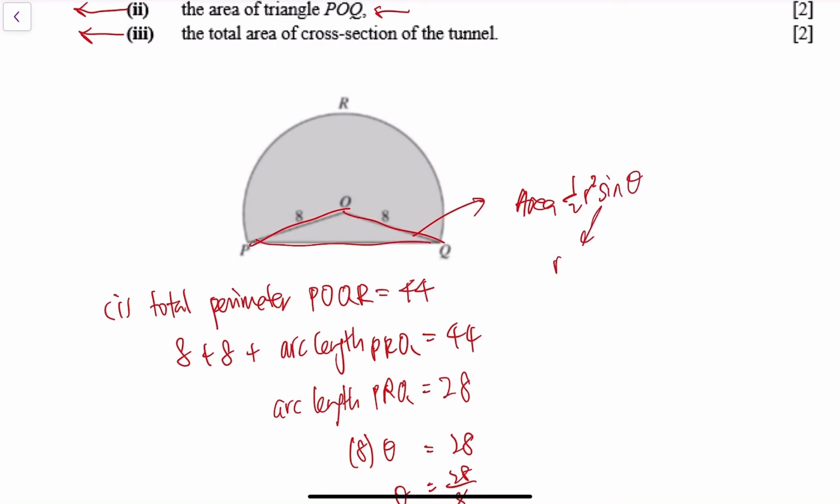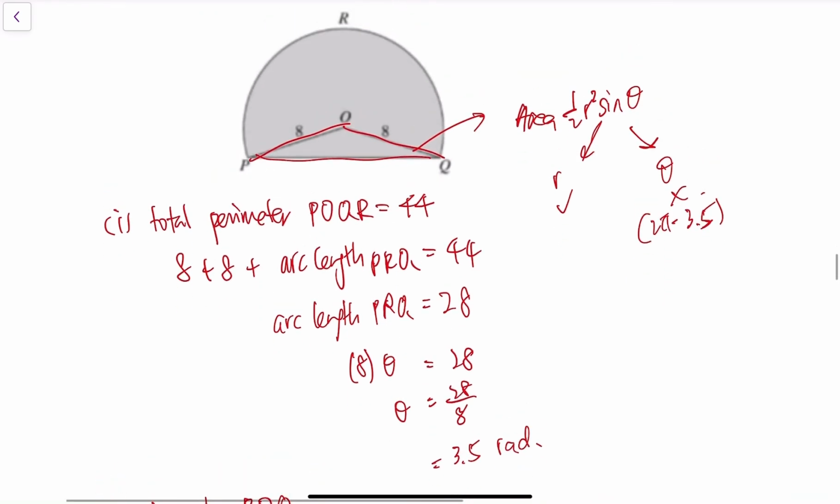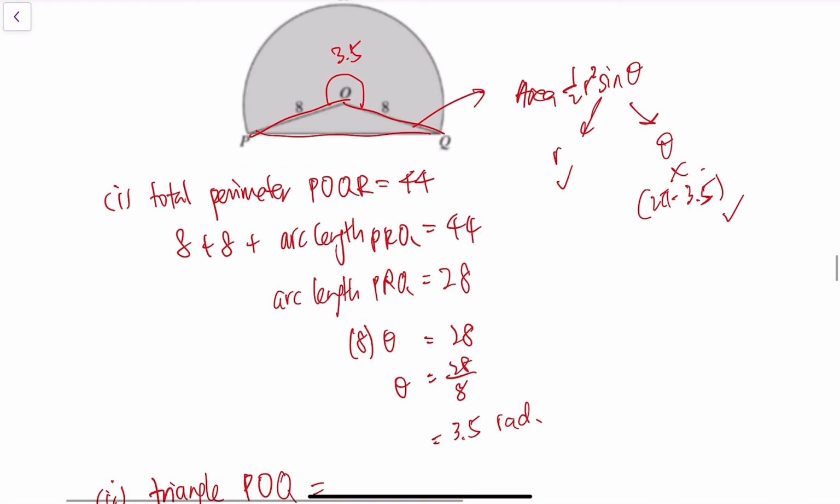So what do I need? I need the radius, I need the theta. Do I have the radius? Yes. Do I have the theta? No, I don't have. But I can do 2 pi minus 3.5, as found here, because the angle outside here is actually 3.5. Once I do this, I will have all the information. So rather than saying no, I actually can. I use the answer from part 1.